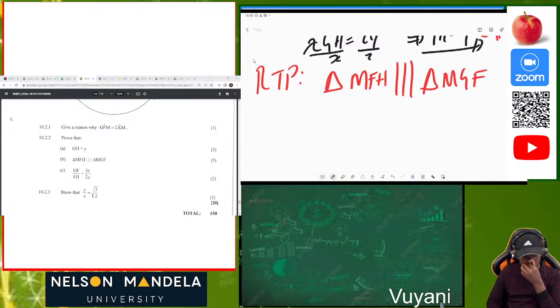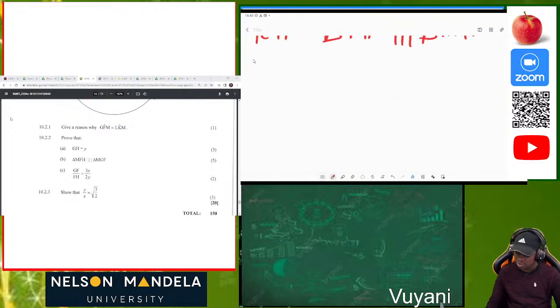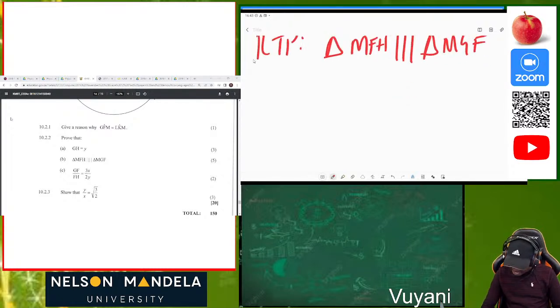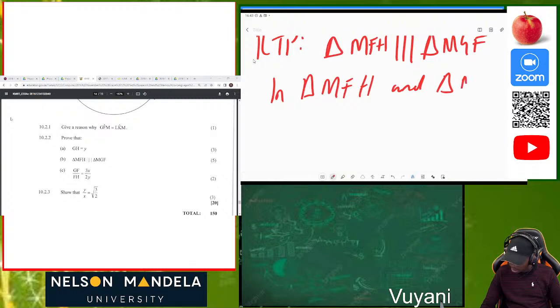So how can we do that? Triangle MFH and triangle MGF. So what do you do when you're given this instance? The first thing which you're supposed to do, guys, I always urge, is to start by saying that in triangle MFH and triangle MGF.